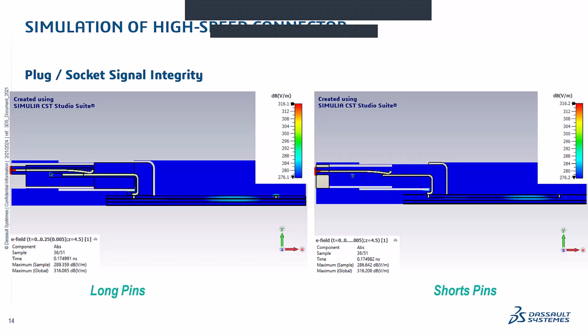And you can compare that on the right-hand side is the design with the shorter socket pins. And if you look carefully, you can see that the signal is able to flow across the interface now with less discontinuity. That stuff was really having an effect on the performance of the design.